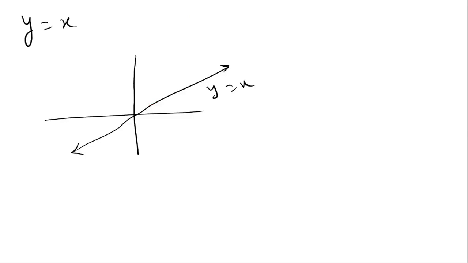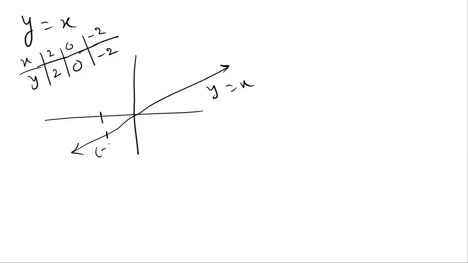Now, how have we drawn the graph? You see the values of x and y. For x equal to 2, this will become 2. For x equal to 0, this will become 0. For x equal to minus 2, this will become minus 2. This is minus 2, comma minus 2. This is 2, comma 2. And this goes all the way to 0, comma 0.